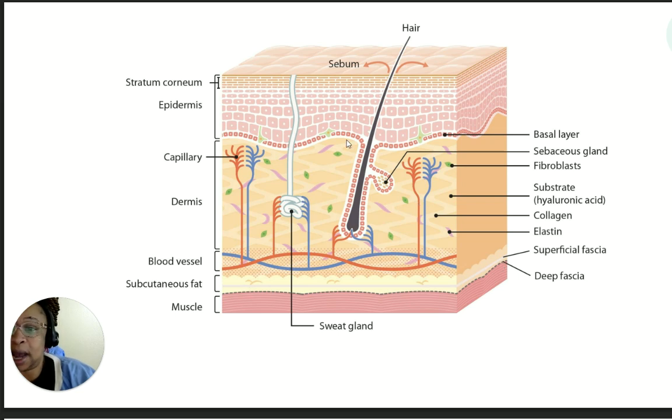So keep this in mind when you are searching for your actual code listings and your actual terms. We're going to be looking sometimes in the epidermis area or the dermis area or subcutaneous tissue. That will actually play a big factor in the search in your books, because if you understand the definition of what you're looking for, you will know how to look it up in your book.